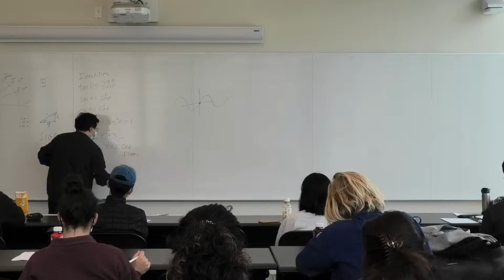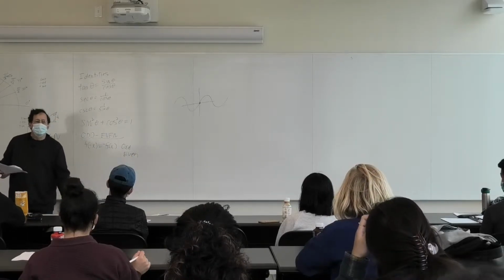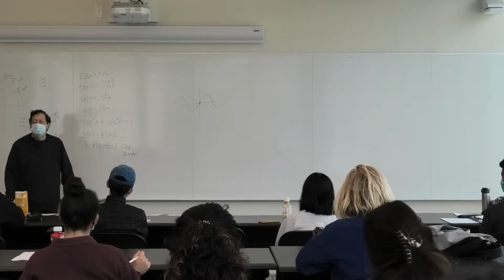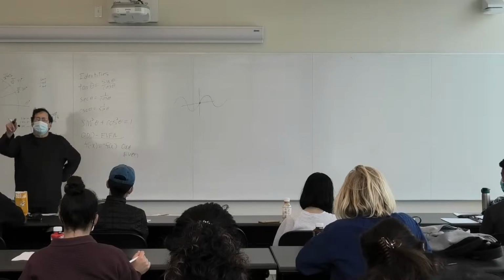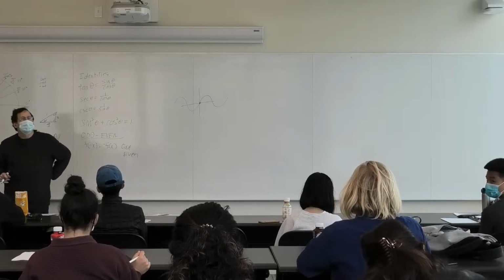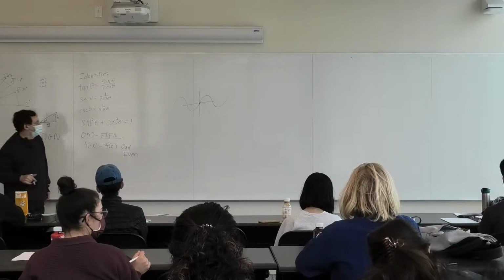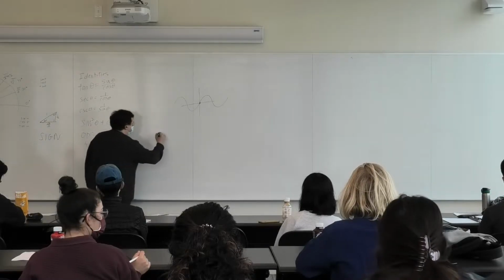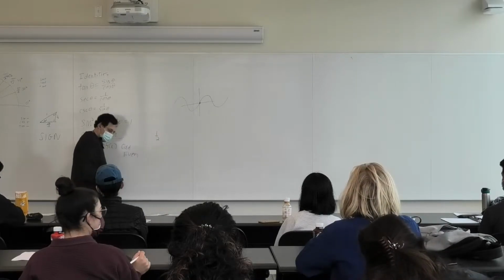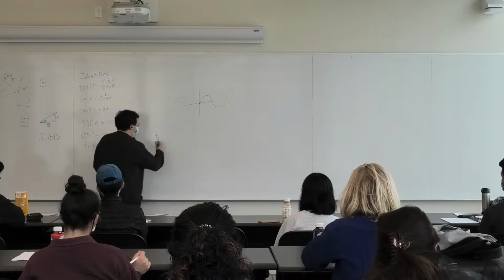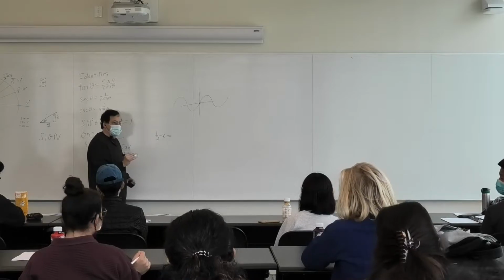Can anyone either give me the definition or an example? I see you know. I'm hoping someone else will throw up their hand. Yes? Half of negative x equals that what you're saying?